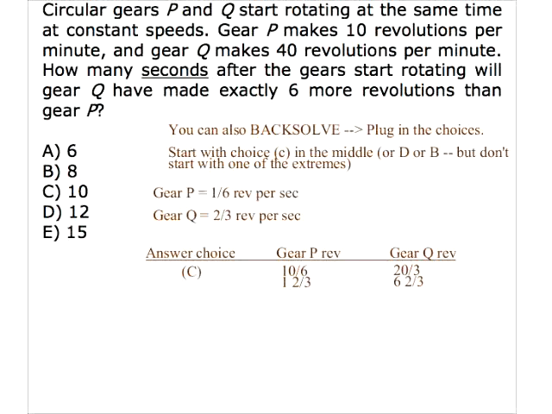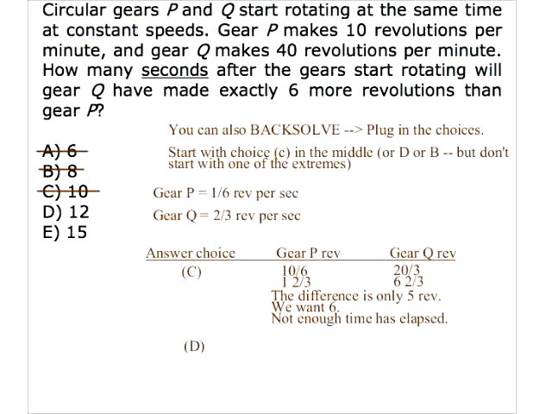So the difference is only 5 revolutions. We want 6, so that means that not enough time has elapsed, because there would be a bigger difference if more time had elapsed. So that means that C is gone, but so are A and B. So it's between D and E at this point. Just pick one at random.